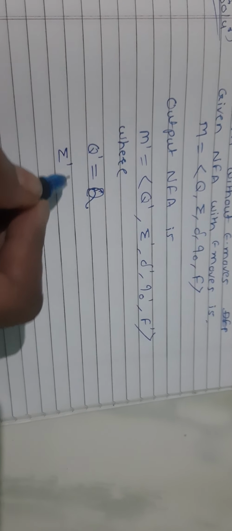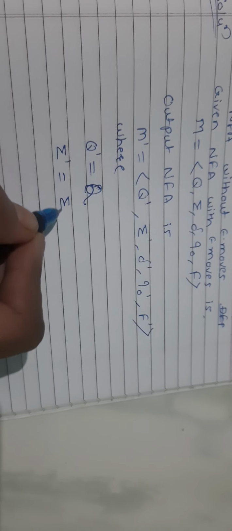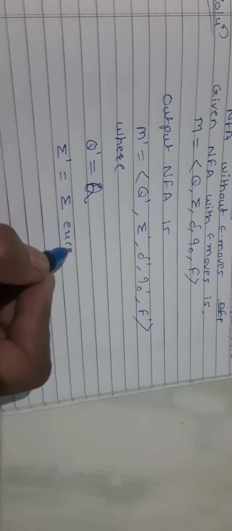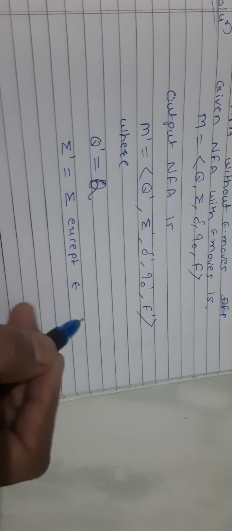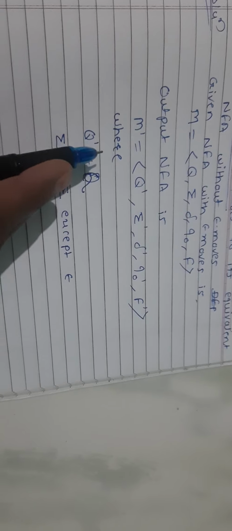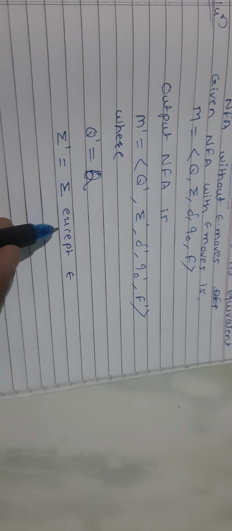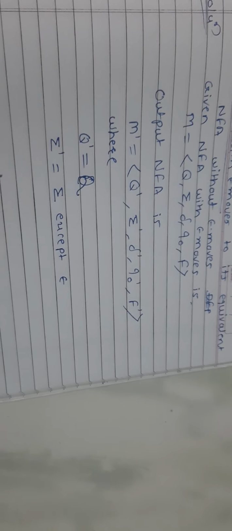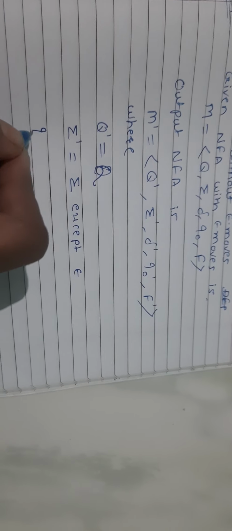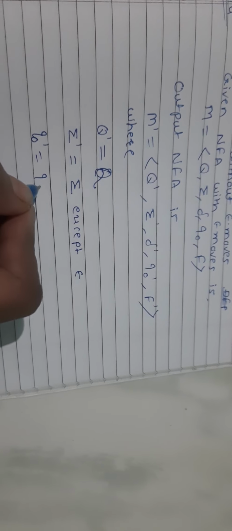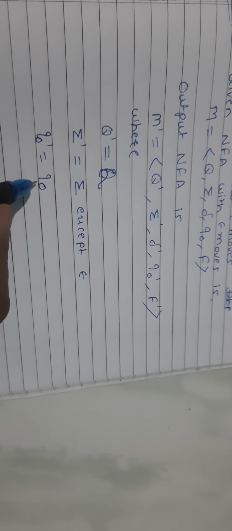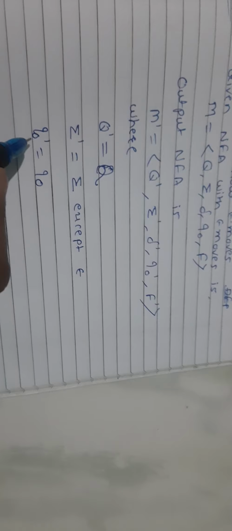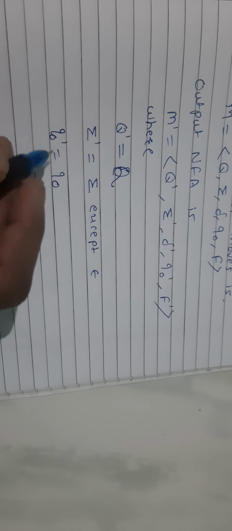Then sigma dash is equal to sigma except epsilon, because in the given part epsilon is an input, whereas in the output NFA epsilon will not be there. That's why it is known as an NFA without epsilon moves. Then Q0 dash is equal to Q0; whatever the initial state of the given NFA is, the same initial state will be there for the output NFA.